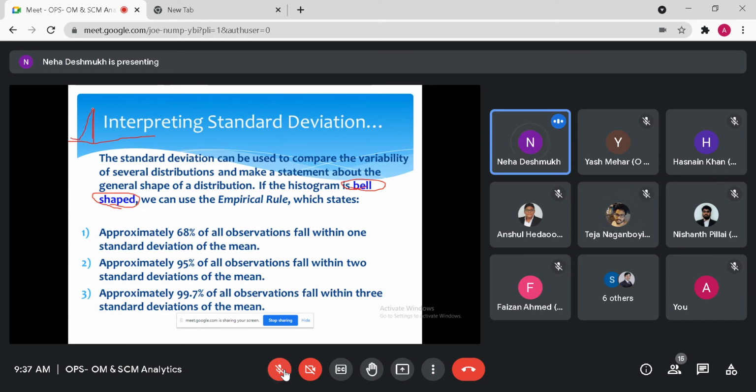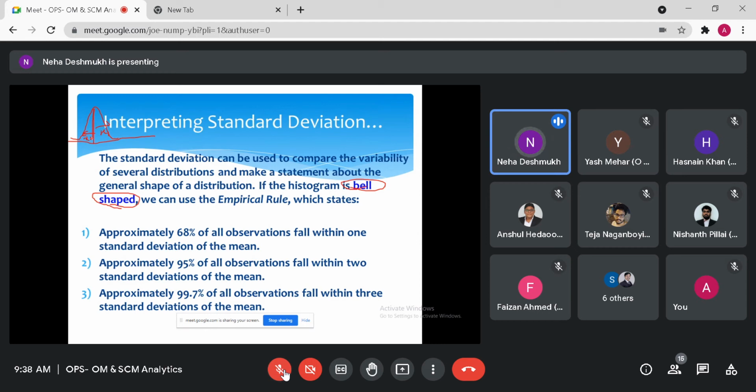Symmetric around the mean means this distance and this distance are equal, if the data is normally distributed around the mean. In other words, the data is equidistant around the mean. If this distance x1 is equal to x2, then a bell-shaped curve will be there, right?